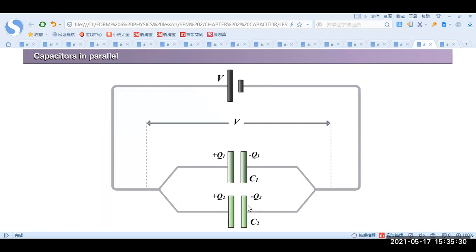No matter how big the capacitance is, both of them will have the same voltage. Reason? Because they are arranged in parallel to each other, and also parallel with the source of the electric.